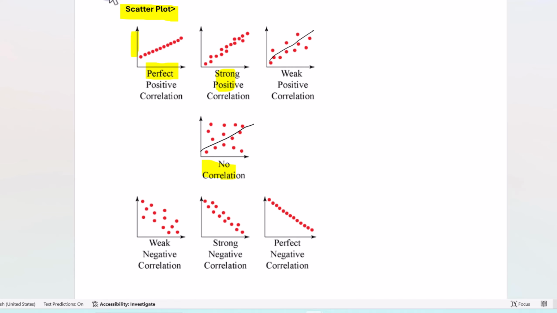The scatter plots down here show weak negative, strong negative, and perfect negative correlation. Perfect negative correlation means that correlation is equal to -1. For perfect positive correlation, correlation is equal to +1. For a strong correlation, you have bigger than 0.7 correlation. Here you have less than -0.7 correlation.